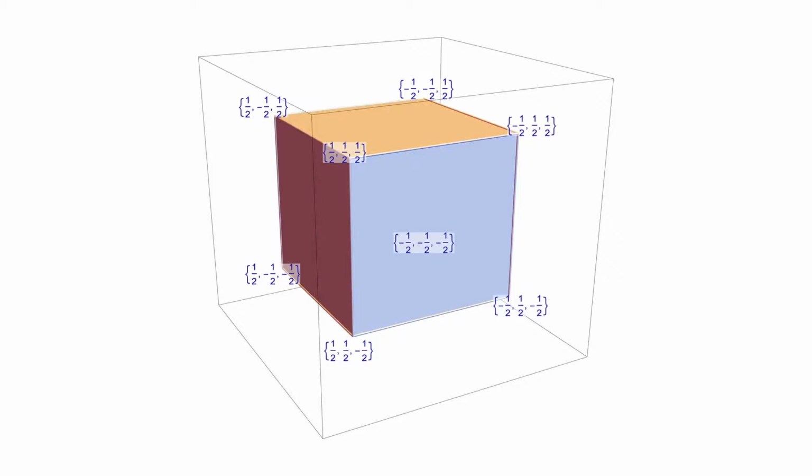If we look at this picture, we can see that each coordinate is plus or minus a half, and that the 8 vertices of the cube represent all possible assignments of pluses and minuses to the 3 different coordinates. 2 signs for the x-coordinate times 2 signs for the y-coordinate times 2 signs for the z-coordinate is 8 vertices, 2 to the third, altogether.